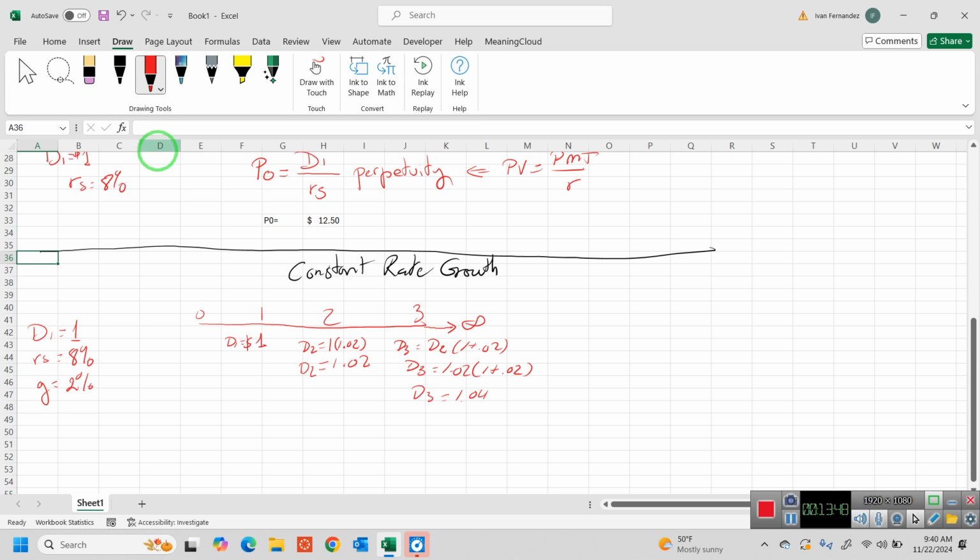Okay, that's still kind of easy. Honestly, that's easy, but it's going to get more and more complicated, right? This will go forever. You will be computing this forever, and then you're not even done. You're just computing the dividends. Then you will have to come back here and find the present value of each of them individually: the present value of dividend 1, present value of dividend 2, present value of dividend 3, and so on. So it's impossible. You cannot do that.